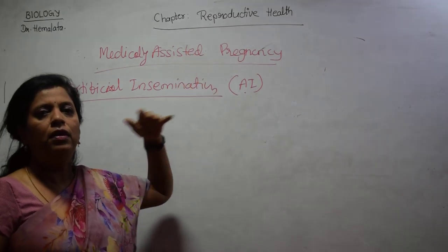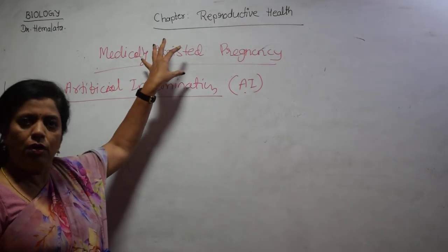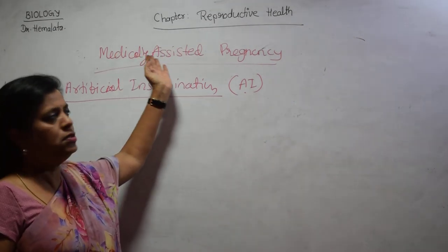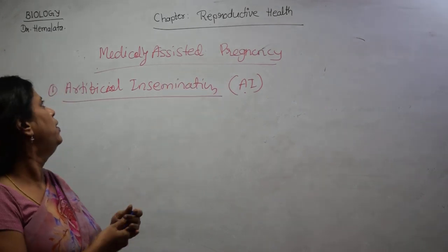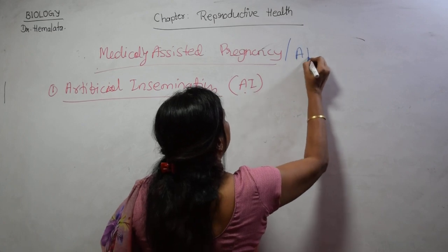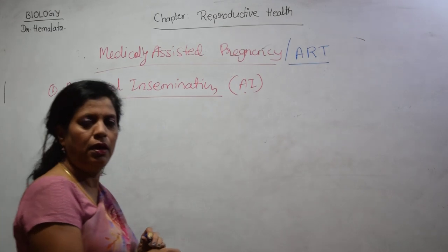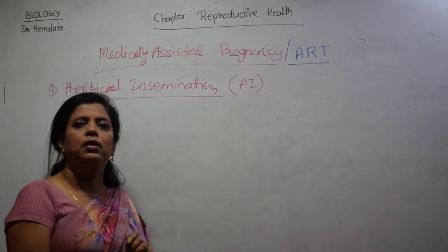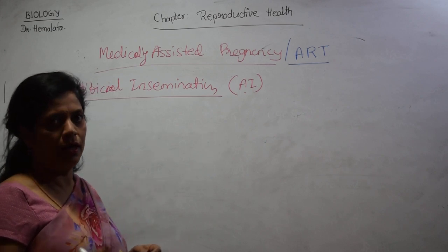It means if the couple are unable to produce children, then in hospital some doctors will assist the female to get conceived. This is also called ART, that is, artificial reproductive techniques. Right? How this can be artificially assisted to get her conceived.